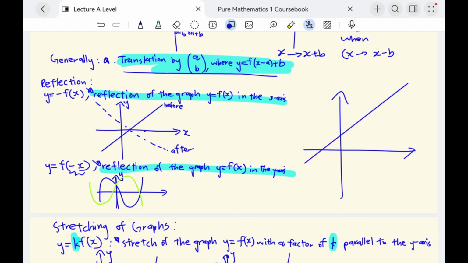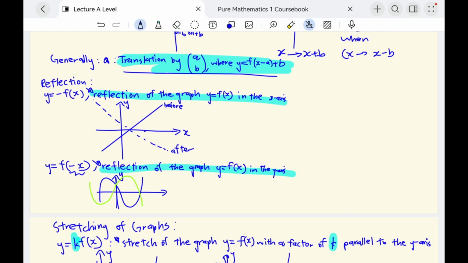You only reflect this one and also this one, because you want to reflect about this axis, correct? If you're not enough to understand about the reflection, later on I will use Desmos for you to understand further. Okay.